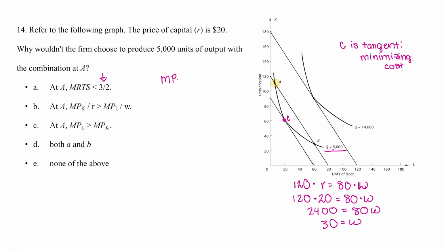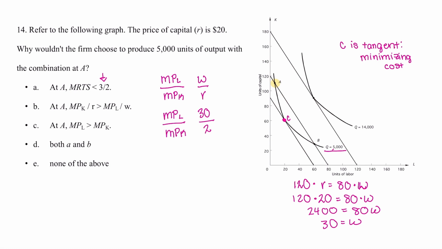So we have MPL over MPK and W over R. And we know our W over R is going to be 30 over 2. Then we have to decide what's happening.